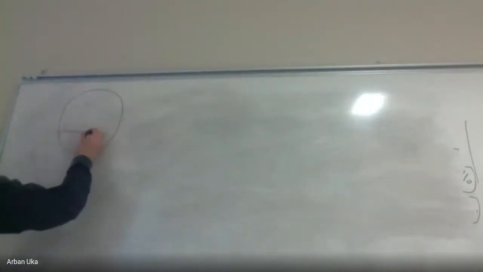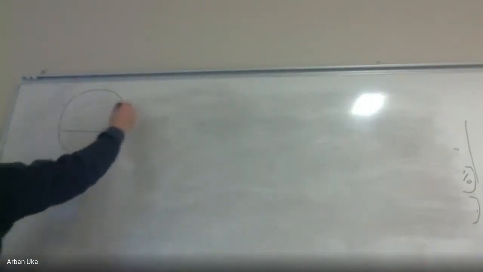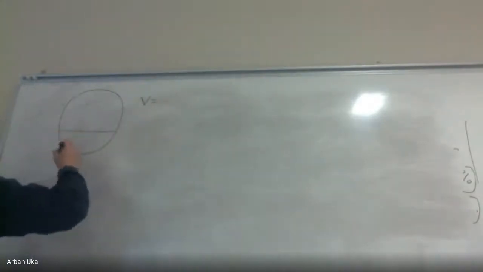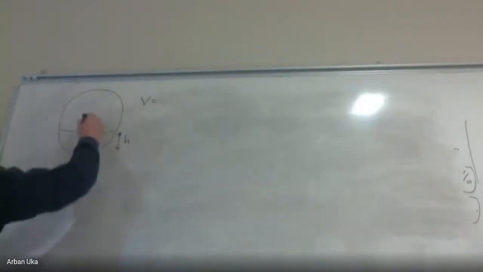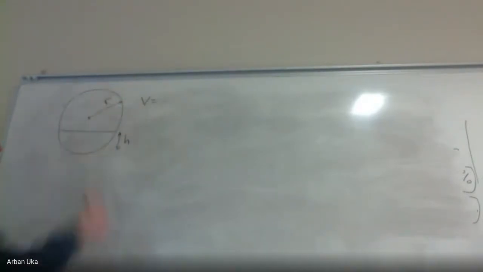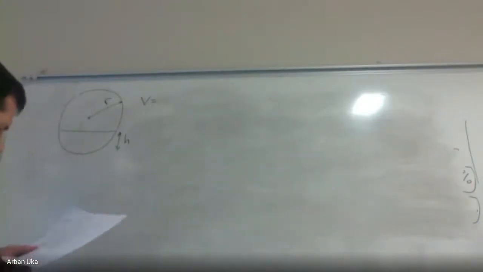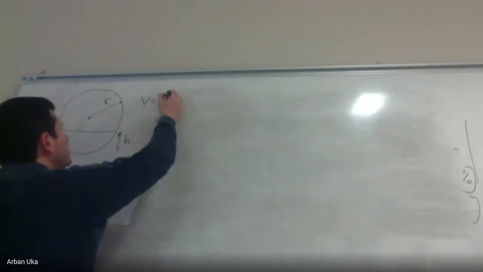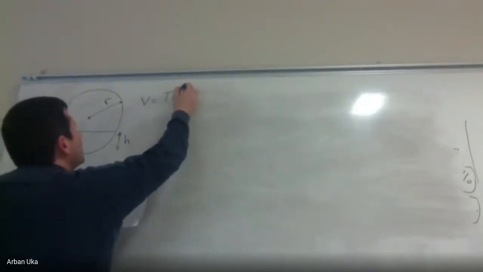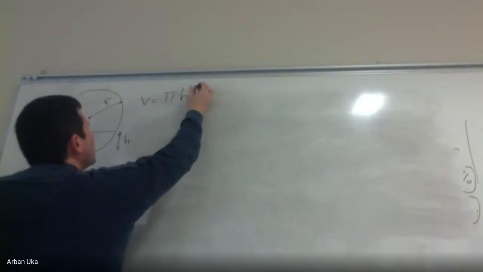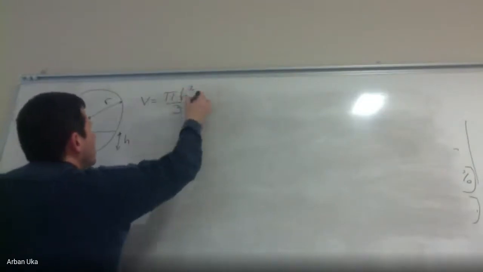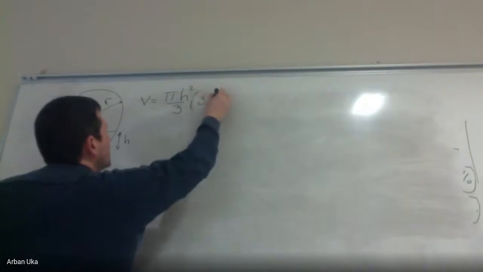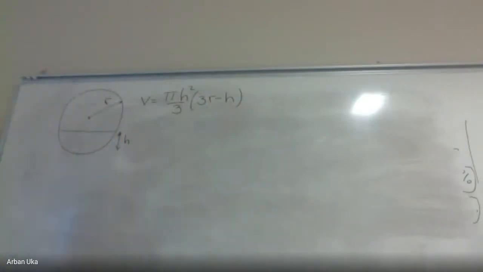So if we have a water tank in the form of a sphere, assuming that h is the height which is filled with water, and r is the radius of the tank, the volume is equal to pi h squared over 3, times (3r minus h). Okay, so this is the expression of the volume.